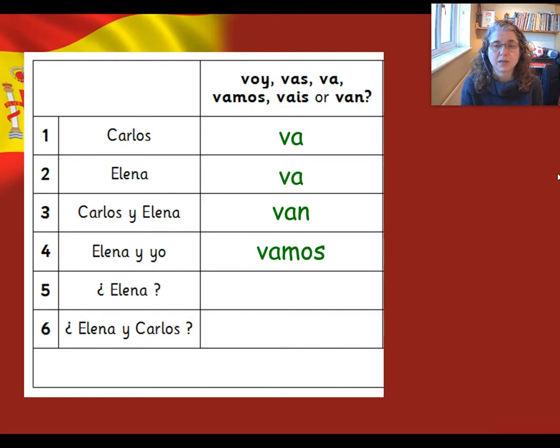So you and somebody else makes we, vamos. Then when you ask a question to one person, like Elena, you would need vas, because she's you, but she's you singular. And if you're asking a question to two people or more, like Elena y Carlos, that would be vais, because that's you, but plural.